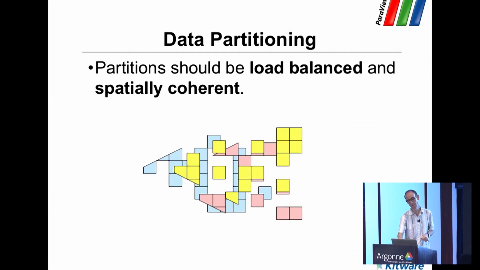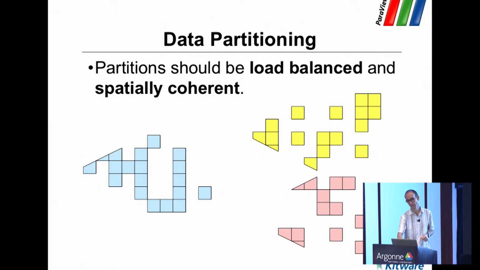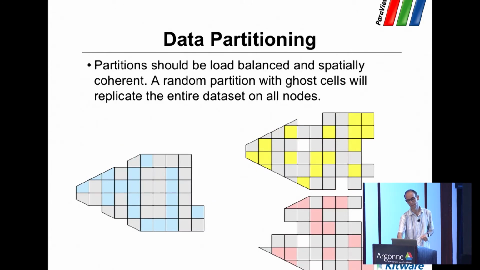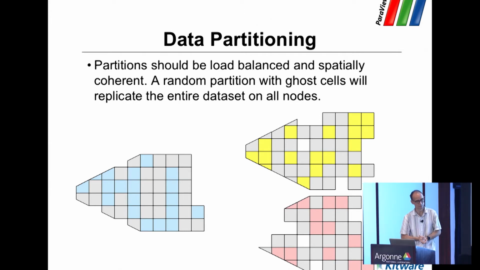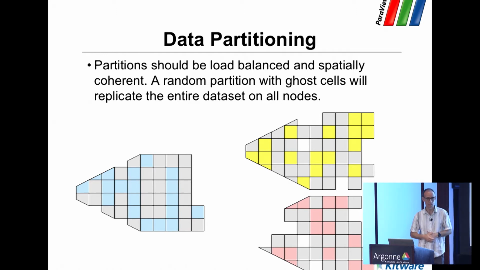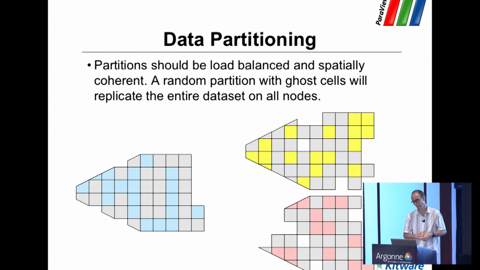It's the same amount of data, you distribute that, but once you put ghost cells in, your data will be as big as the original data. So that's the goal here: you want to be able to split your data and have smaller pieces of data on each node. If you have the same amount of data on each node, you don't gain anything. You run out of memory as if you run on a single machine.